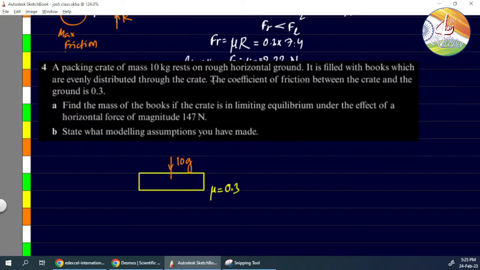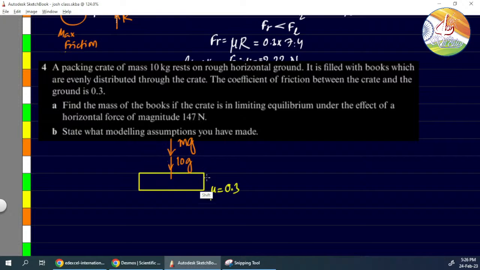It is filled with books which are evenly distributed. The mass of the books is not given, so let's call it m kg, which gets multiplied by g.